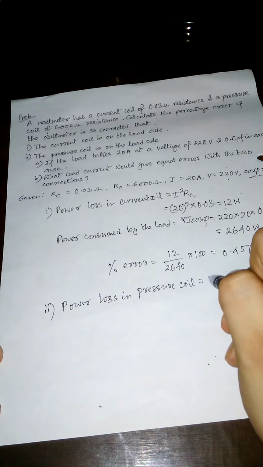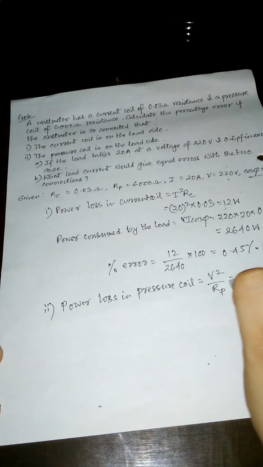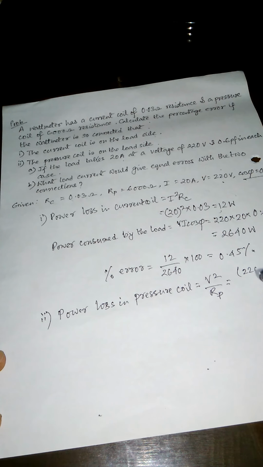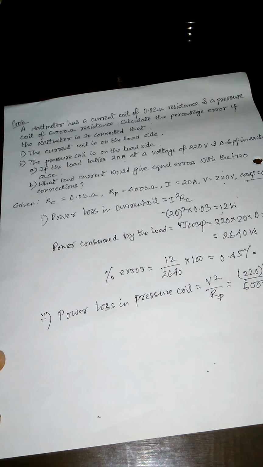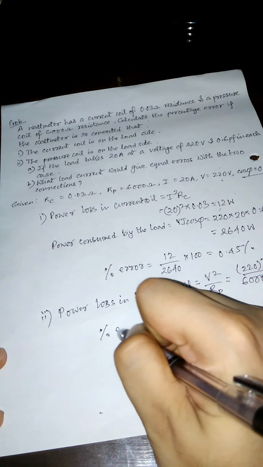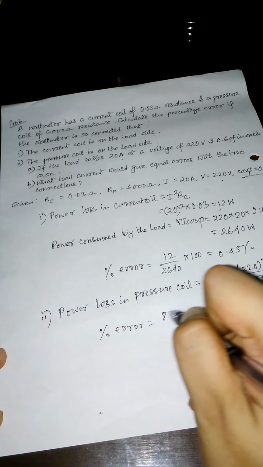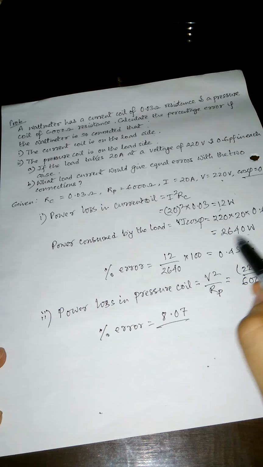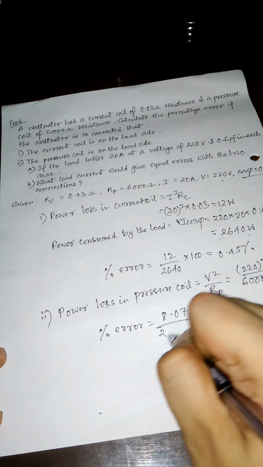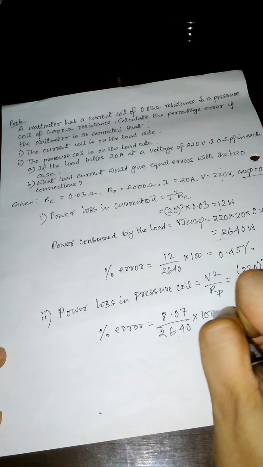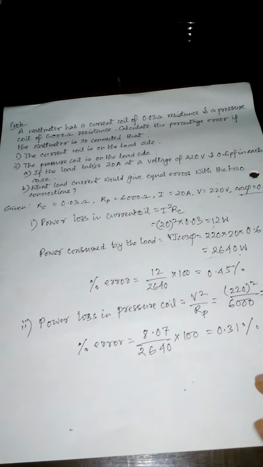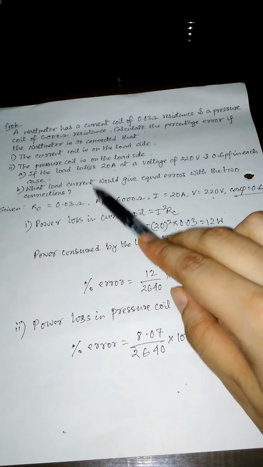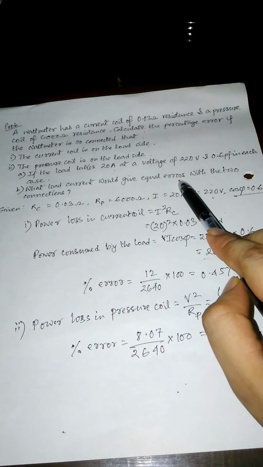That is obviously V square by R. So V square means 220 square divided by R, here 6000. That means this is 8.07 watt. Again considering the percentage error, it will be 8.07 divided by the true power, 2640, into 100. That means 0.31%.